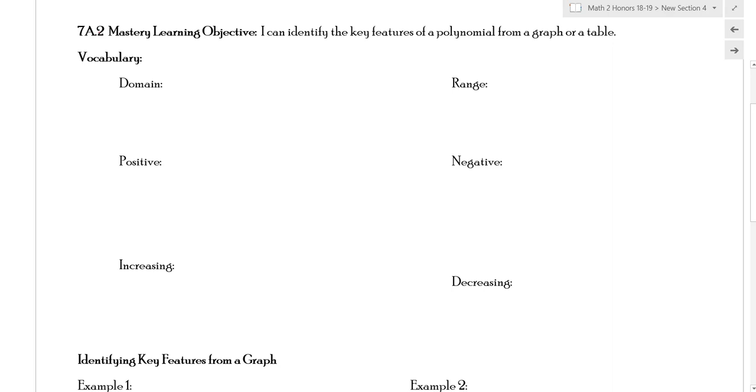So we have what we call our domain. And domain you've learned before with quadratics and stuff, and with lines and other functions. All possible x values. Okay, so every x value your graph could be.